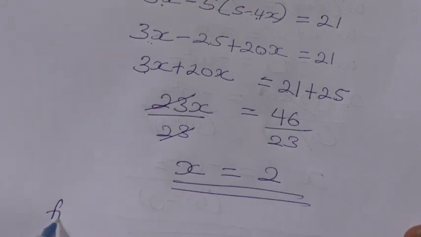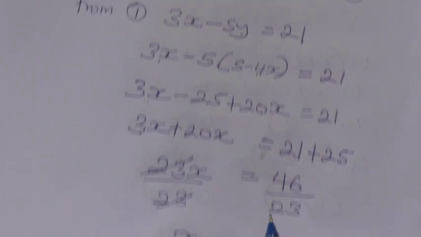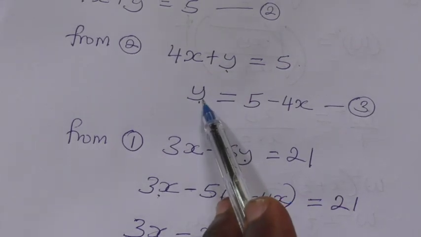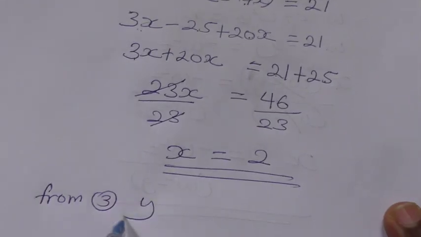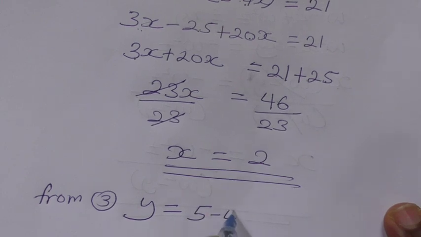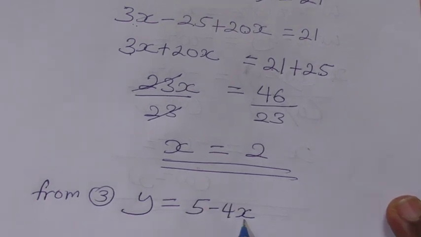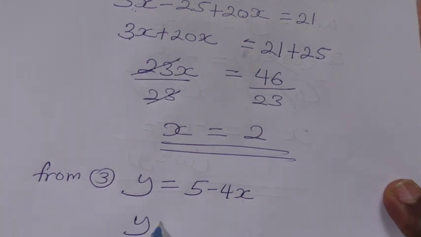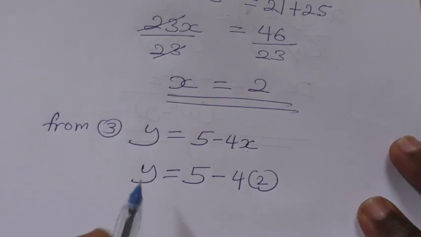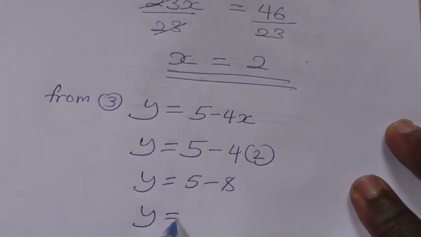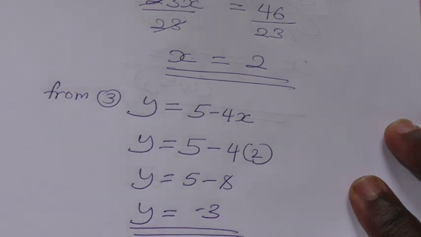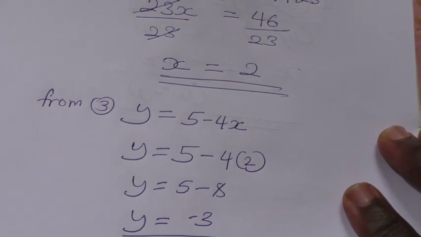From equation 3, which says y equals 5 minus 4x, we now substitute for x, which is 2, to get y. So y equals 5 minus 4 into 2, hence 5 minus 8, thereby giving us y as negative 3. So that is solving simultaneous equations by substitution.